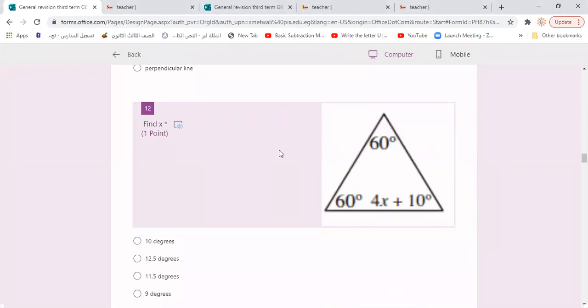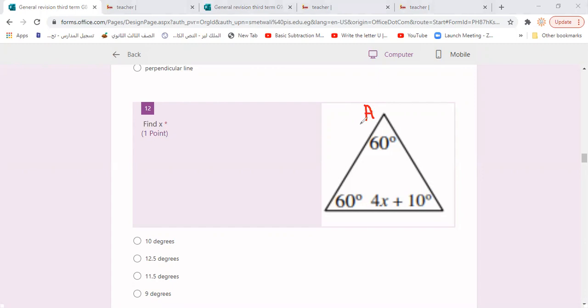What do you have in front of you now? In question number 12, it's a triangle, right? Yes. What is the sum of the measures of the angles inside a triangle? 180.